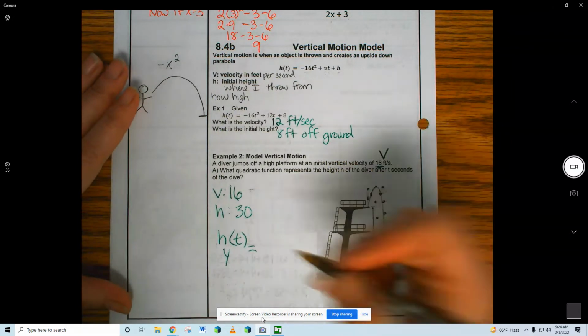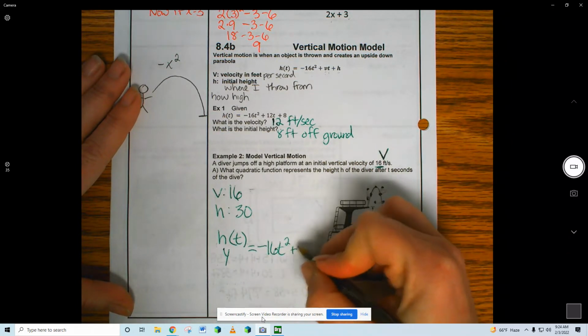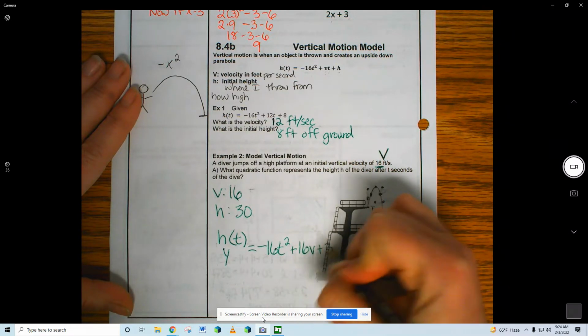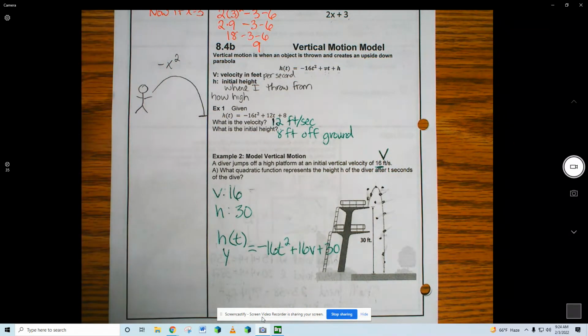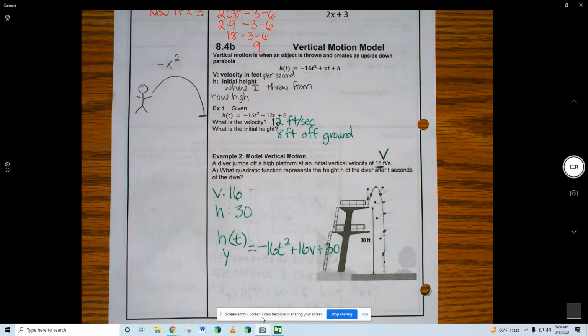I got negative 16t squared plus 16t plus 30. She is right. Does anybody agree with her? Yeah? Okay. Those of you that didn't have it, the 3 of you. Yes, sir. The negative 16t squared is part of just the formula for throwing a parabola involving speed.